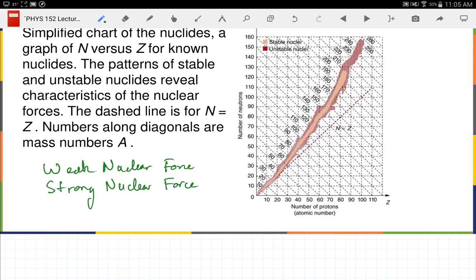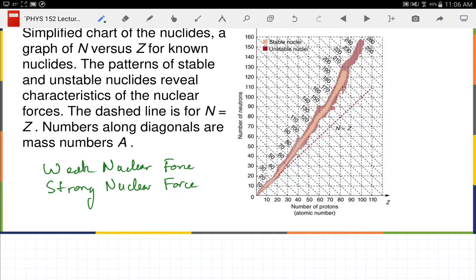And these forces have a different type of charge. What was the charge associated with gravitational force? Mass. The charge associated with electromagnetic force? Yeah. What we usually just call charge. Well, the charge associated with these forces are the little things that make up the protons and the neutrons. And so we're going to have attraction between protons exactly the same as we have attraction between neutrons.